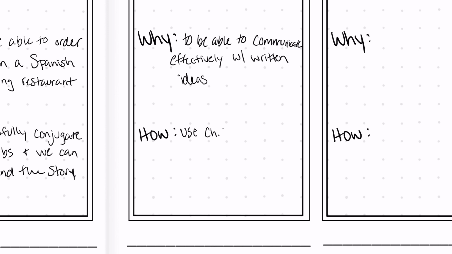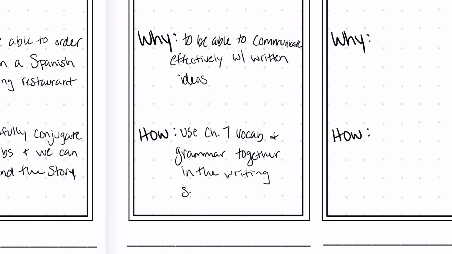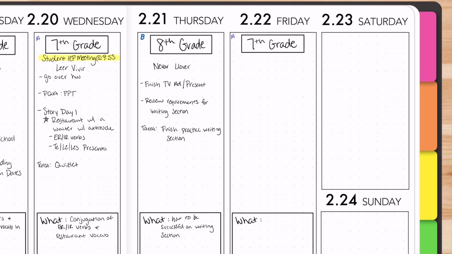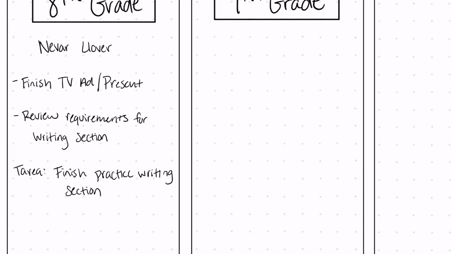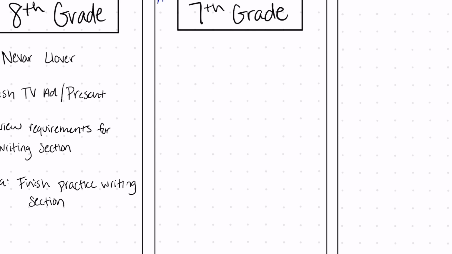Use Chapter 7 vocab and grammar together in the writing section. All right. And then last day, so this day is a day, so these plans will carry on to next week as well.